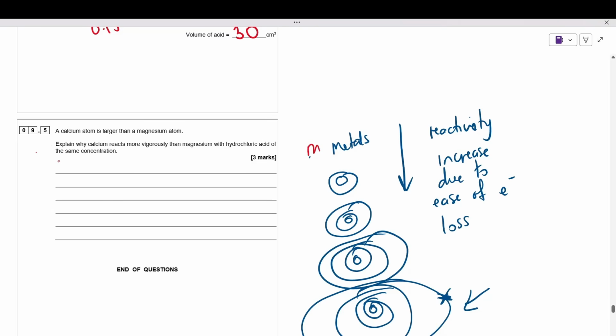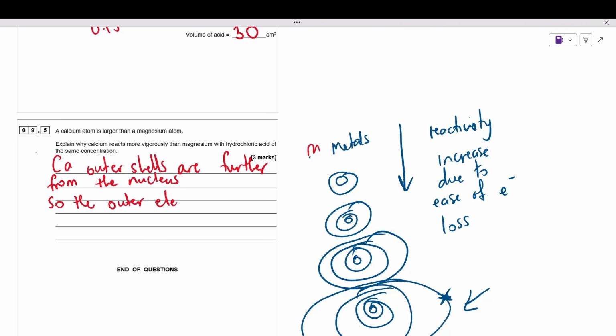So calcium outer shells are further from the nucleus. So the outer electrons are less strongly attracted to the nucleus.